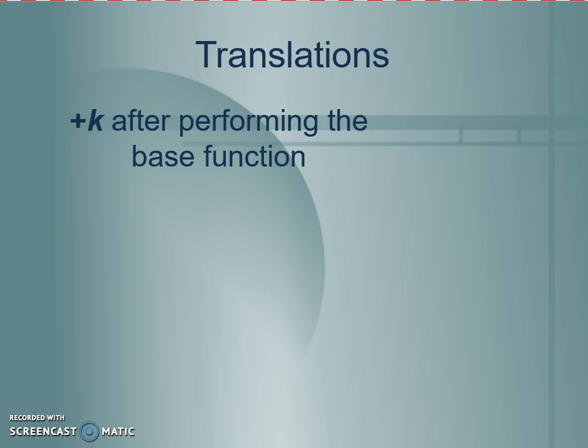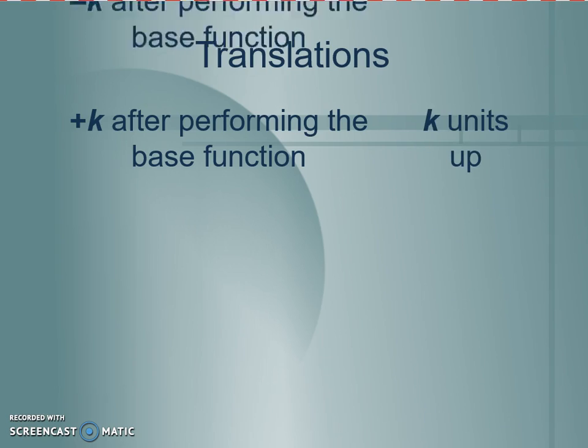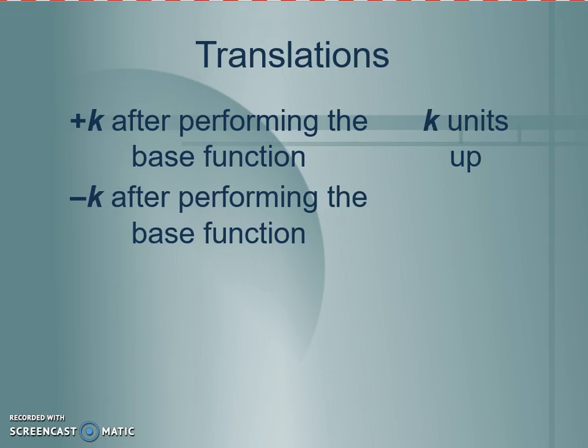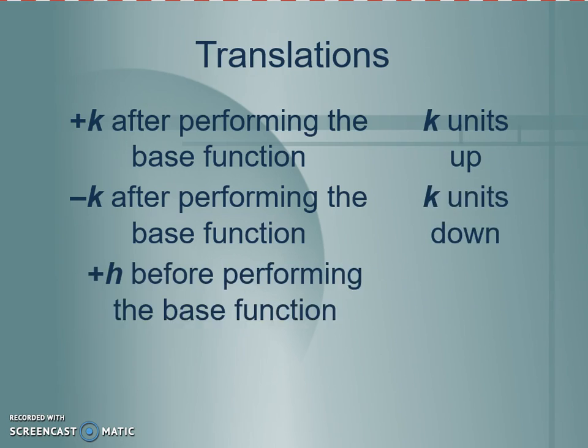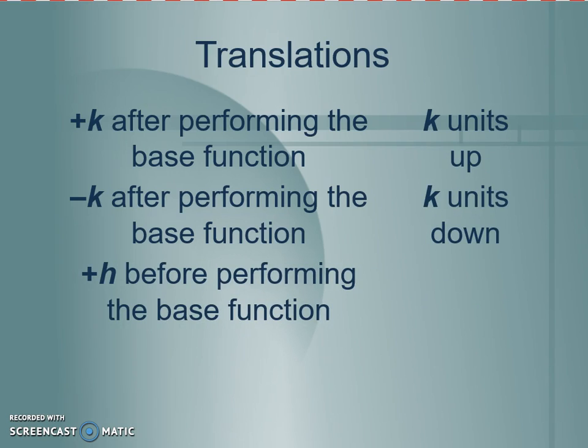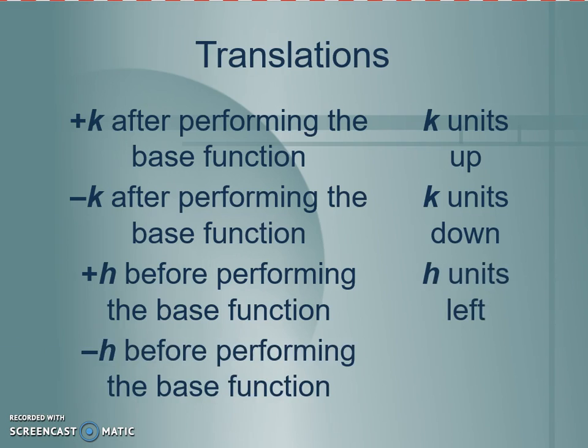So plus k, adding k after performing the base function, will go k units up. Negative k after performing the base function will move us k units down. Positive h before performing the base function moves us h units to the left. And minus h before performing the base function moves us h units to the right.